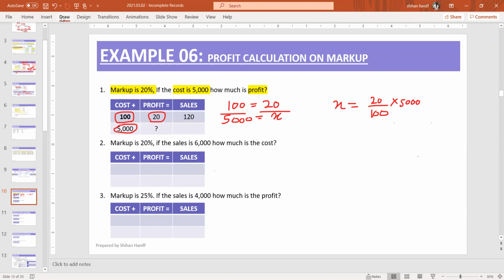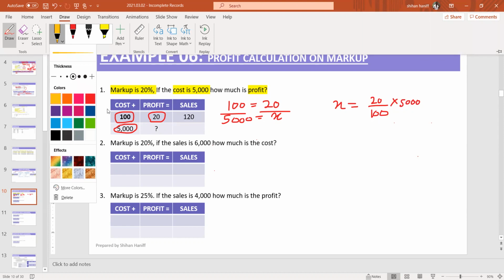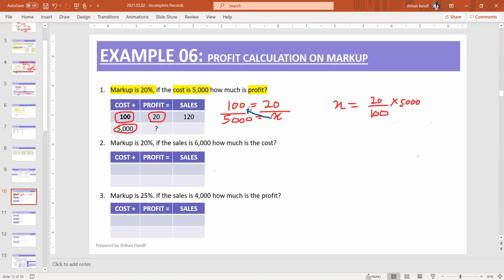X goes to the other side, and 5,000 goes to the other side as multiplication. 100 comes to the other side as division.